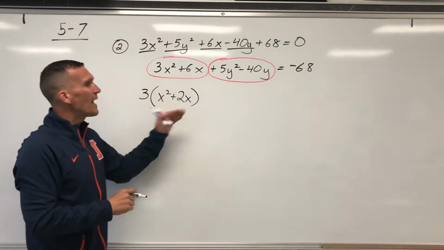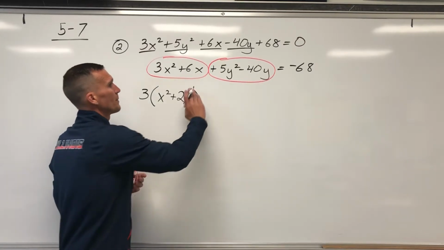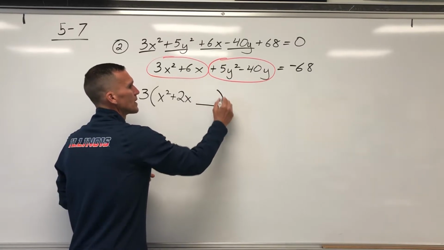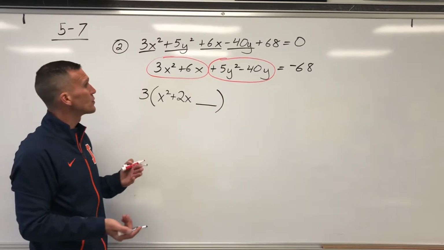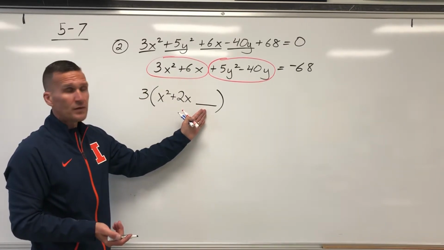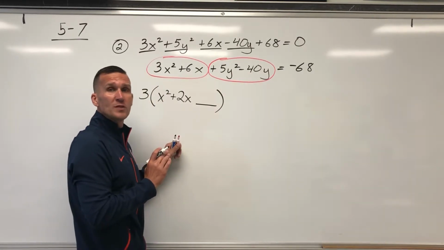Now, I shouldn't leave the parentheses right there because I need to complete that square. So I'm actually going to erase that parentheses and put a blank spot and close it. But that's where my x group just became. I factored out a 3 and I'm going to complete the square. Now what number do you have to factor out from the y group? It is positive 5.